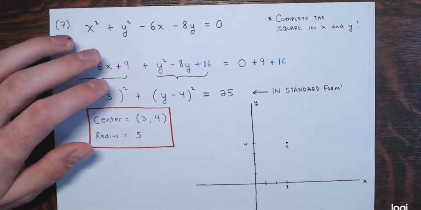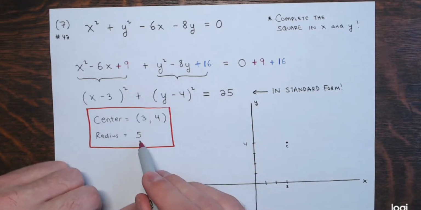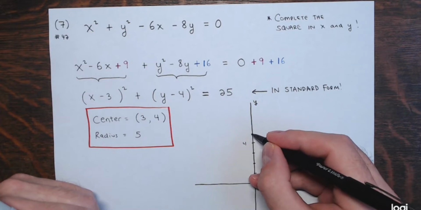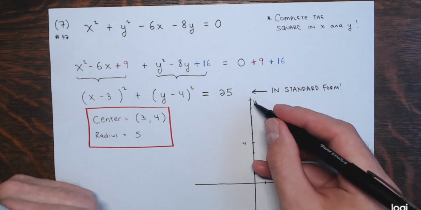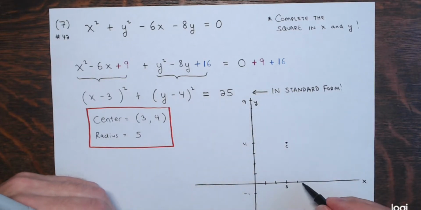And then the points that are actually on the circle are all 5 units away, the radius, from this. So 5 units above. Sorry about the tightness there. That's 5 units below, 5 units to the right, and 5 units to the left.